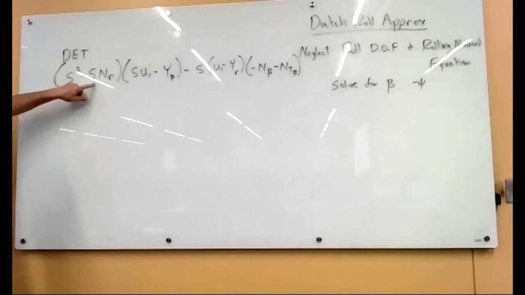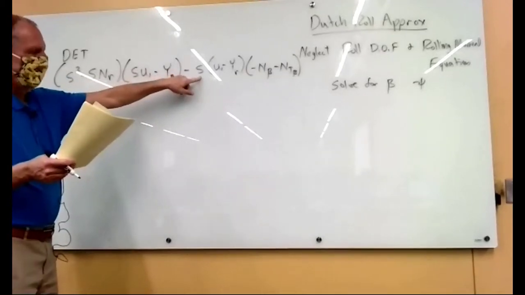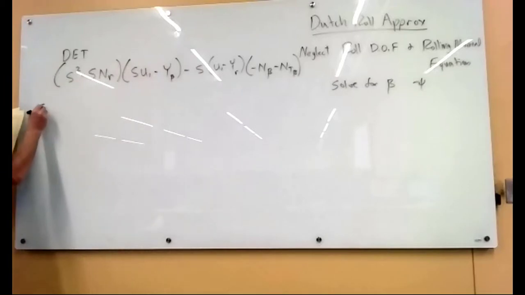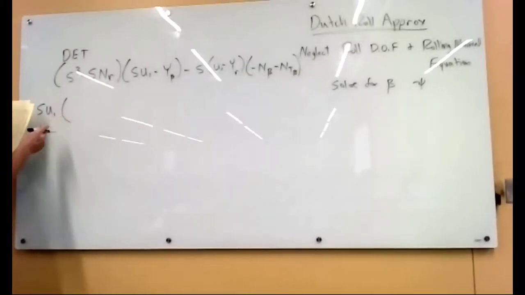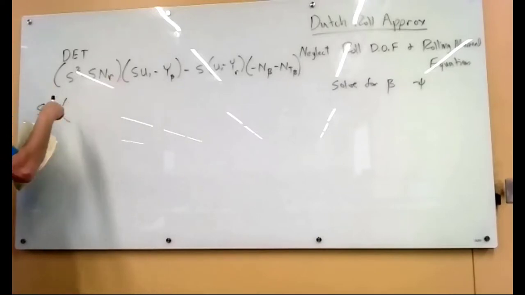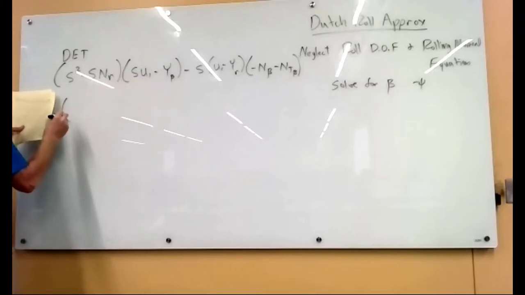And we can factor an S out of here and an S out of here. And we factor a U1 out along with it. The reason for that is you want to get it in terms of a polynomial with nothing multiplying S. So we're going to take the U1 out as well.